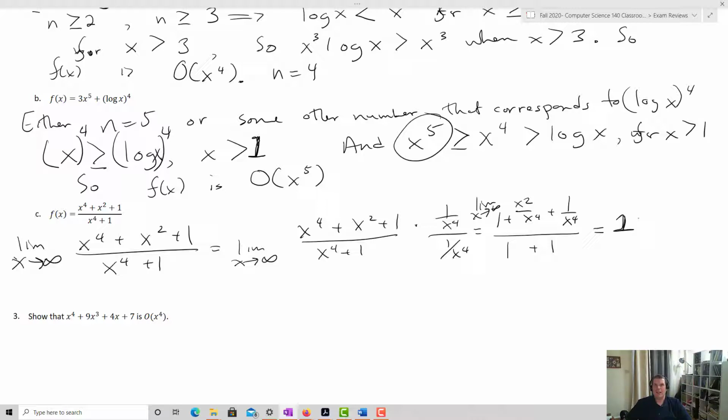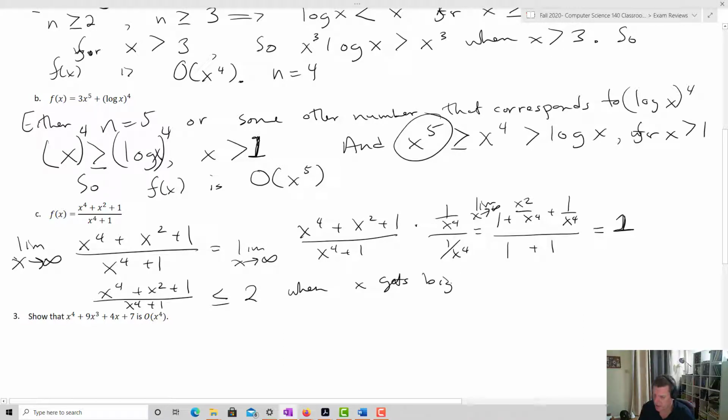So that's interesting, and the reason why it's interesting is that if this goes to 1 as x gets really large, why not just choose 2? So x to the fourth plus x squared plus 1 over x to the fourth plus 1 is going to be less than or equal to 2 when x gets big.